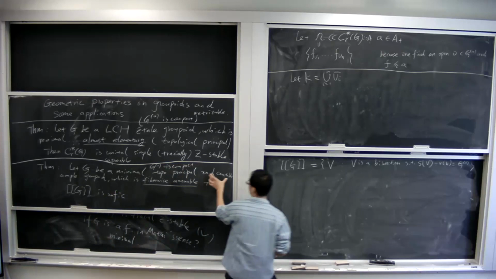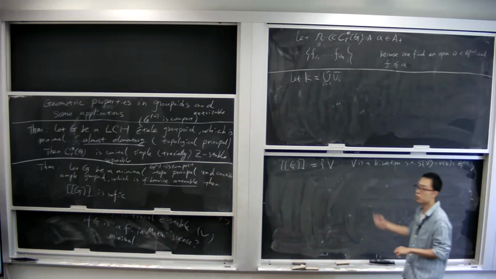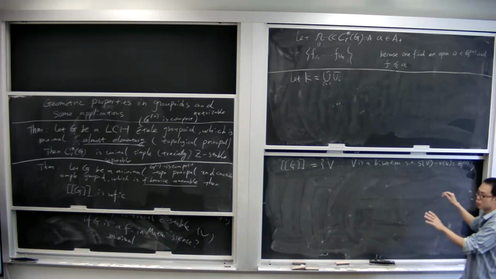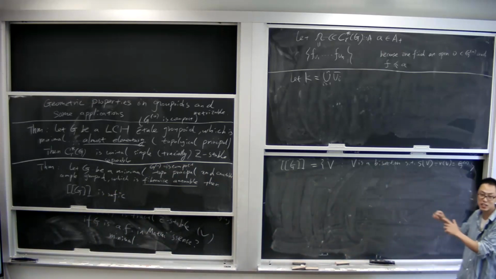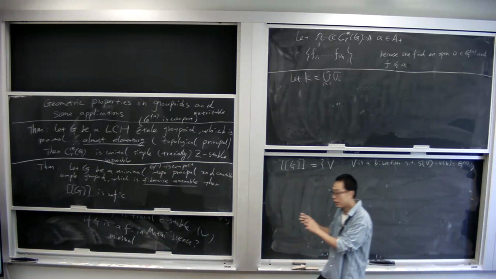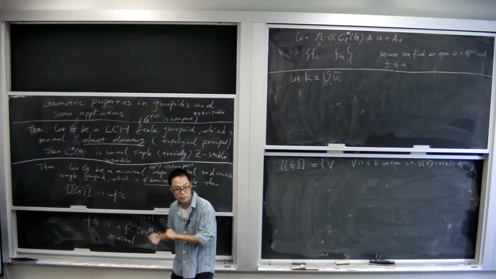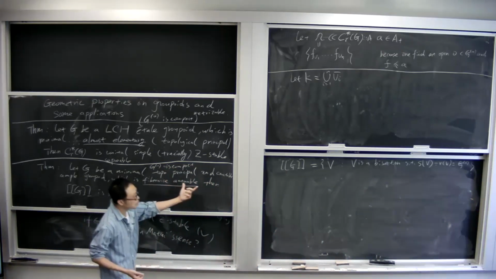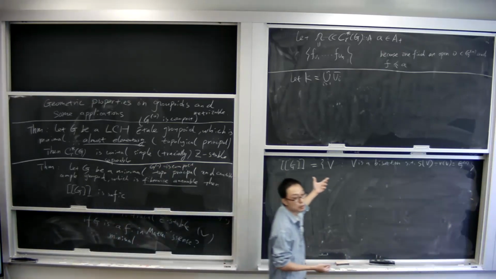And if your group is second countable, this group is a discrete countable group. Of course, we do not want any topology on that. Even though it is called a topological full group, usually people just treat this as a discrete group, just for some historical reason. So if your groupoid is second countable, this is also a countable discrete group.